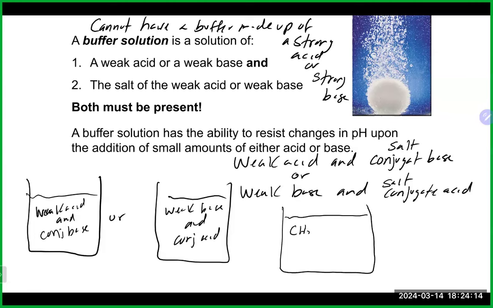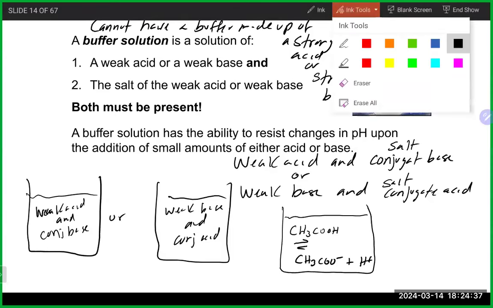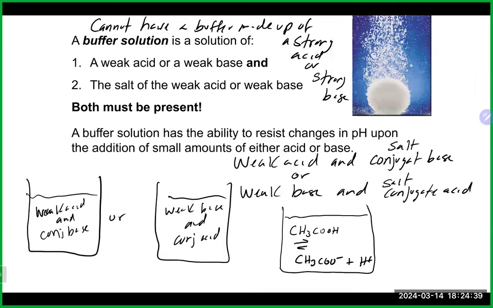When you put the acetic acid in, that acetic acid is going to set up this equilibrium, arrows and all, not really, but we'll pretend there's arrows inside the beaker. And that means that you at this point have a weak acid and its conjugate base in this buffer to start with.